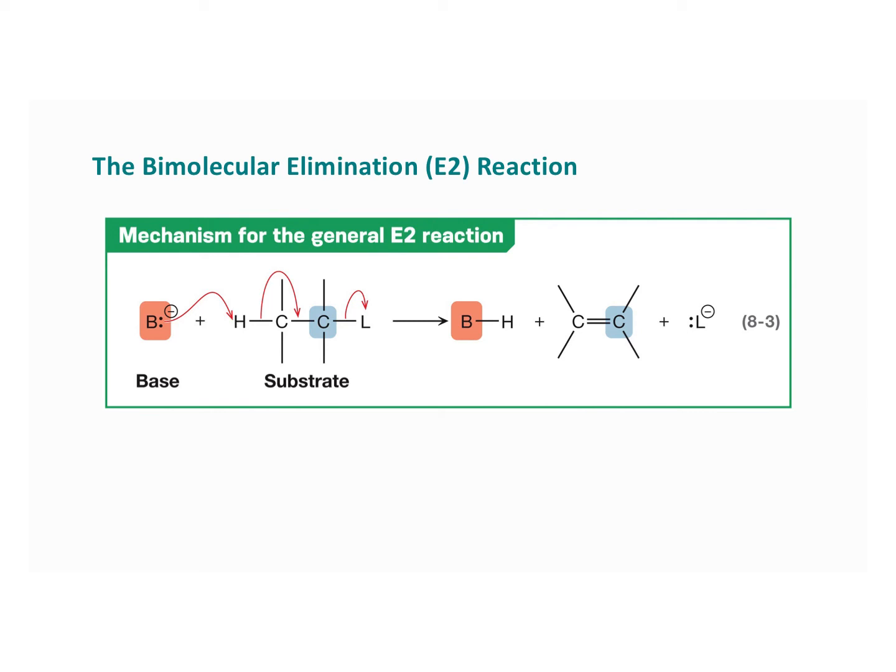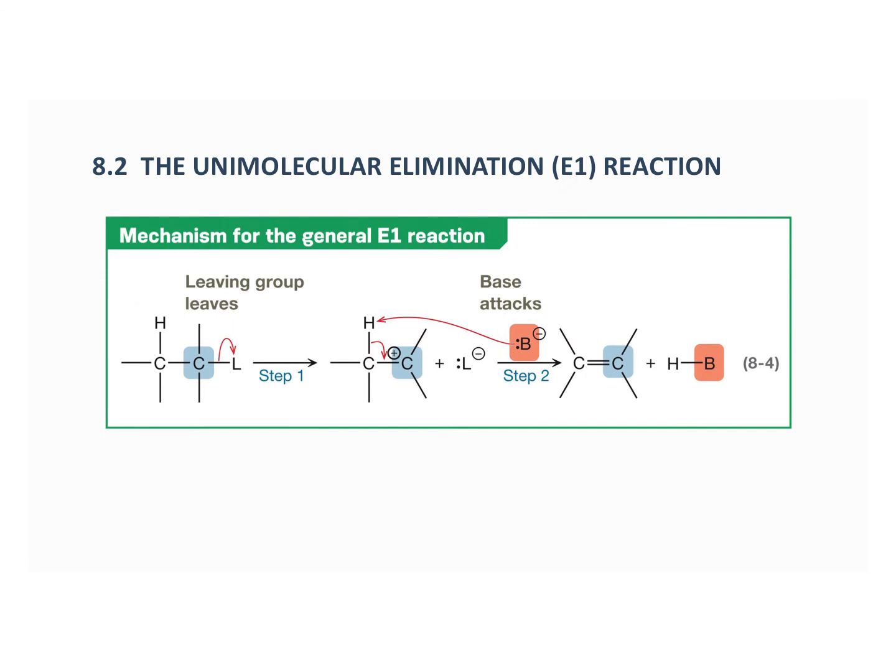Now, just like a substitution reaction can take place in 2 steps, an elimination reaction can also take place in 2 steps. And so this is the unimolecular elimination reaction. I want you to notice, again, that the number in the name here does not refer to the step. It refers to the number of reactants here, okay, that are starting the mechanism.